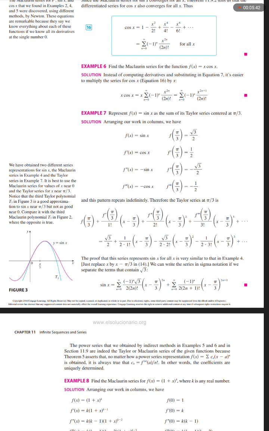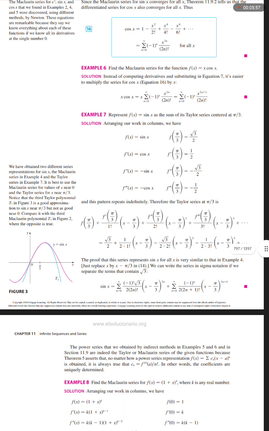Sidebar: we have obtained two different series representations for sin x, the Maclaurin series in example 4 and the Taylor series in example 7. It is best to use the Maclaurin series for values of x near 0 and the Taylor series for x near pi over 3.